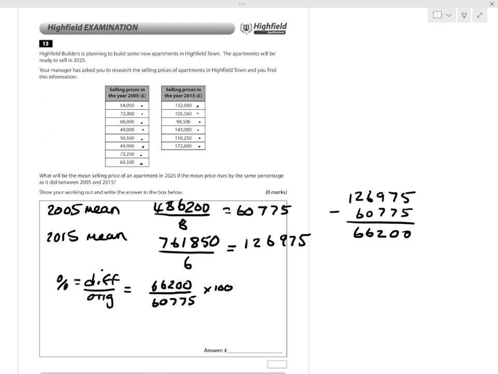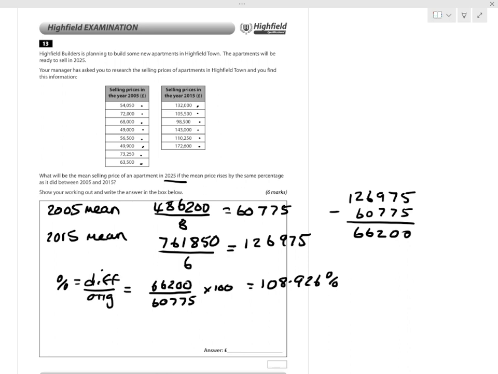So 66,200 divided by 60,775 times 100 is 108.926%. Now, how much is it going to sell for in 2025?